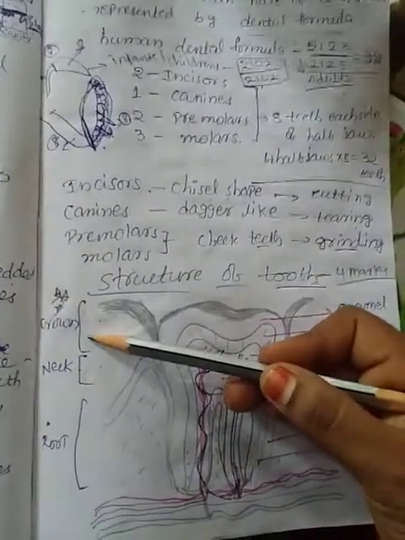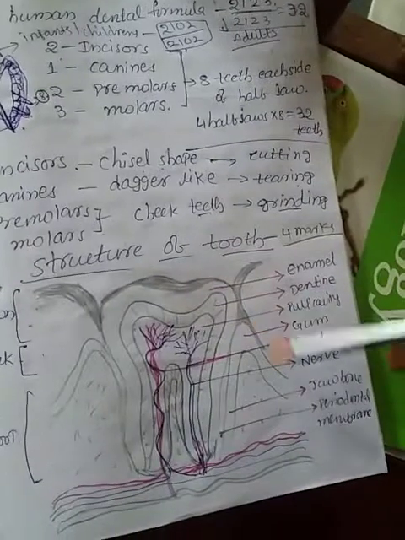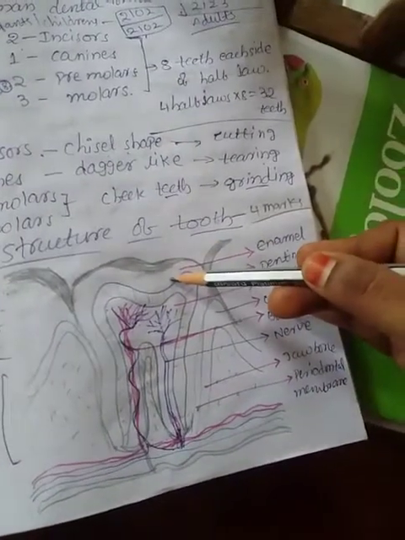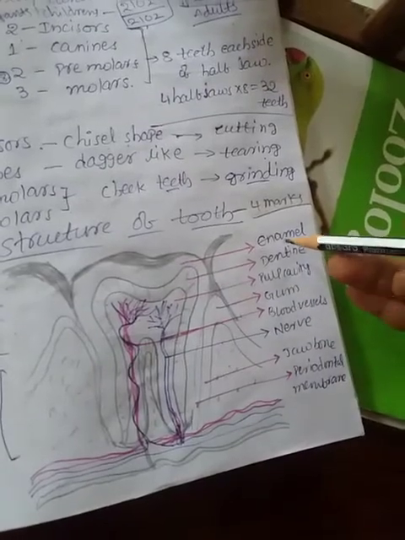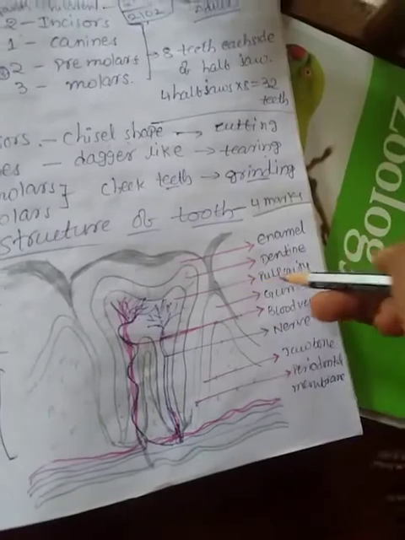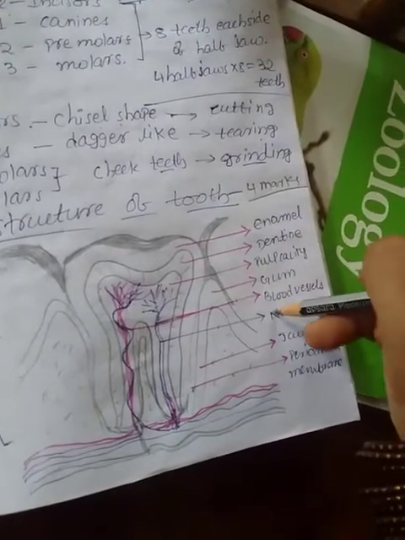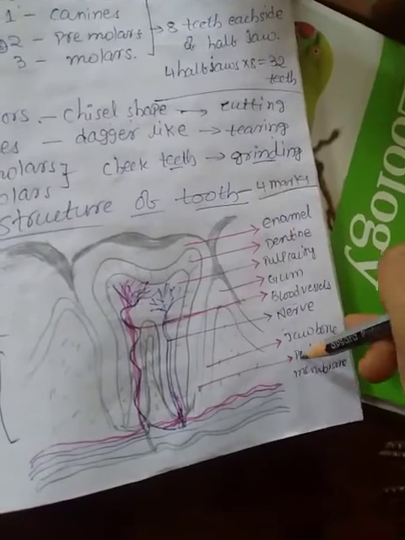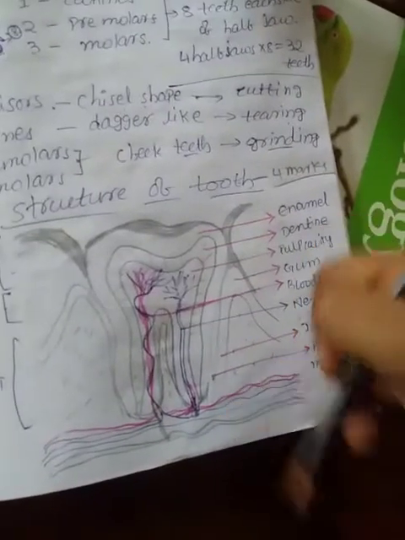Root, neck, crown. And this is a diagram of the tooth. Here this upper part is enamel, and the other parts are dentin, pulp cavity, gums, blood vessels, nerves, jawbone and periodontal membrane.